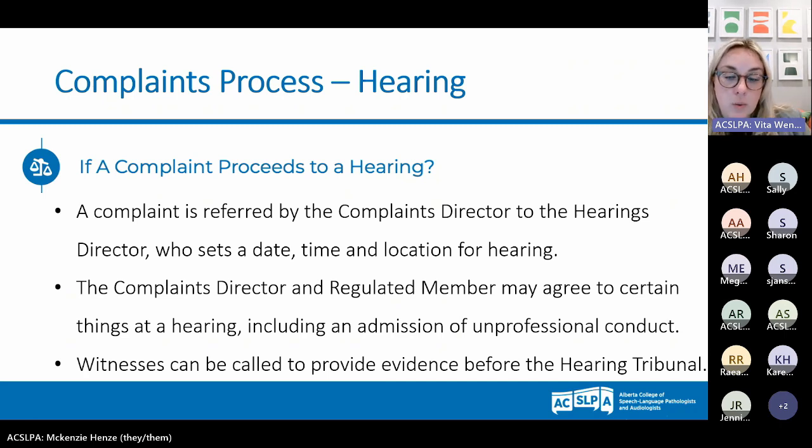So on May 31st, 2023, Jane Doe disrespectfully communicated with client 1 about X. That allegation may be put to the tribunal, and then the regulated member and the complaints director would both have the opportunity to make submissions and present evidence. The witnesses who are called in an investigation may be asked to testify, and ultimately a trial of the allegation of unprofessional conduct, a determination about whether that conduct occurred, number 1, and whether that conduct was unprofessional conduct, would then occur before the decision maker.